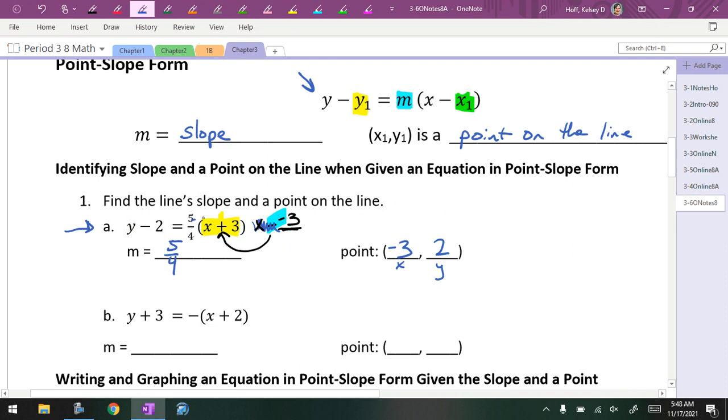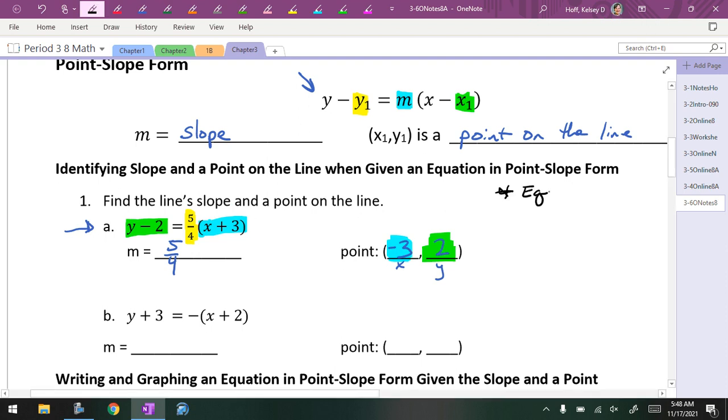Now this seems confusing, but I just want you to look. 5/4 slope, super easy to pull out. The number in front of the parentheses, bingo, bango, easy to do. Okay, your point, right here, it looks like y and a -2, but I'm actually pulling out a +2. Right here, it looks like x and a +3, but I'm actually pulling out a negative.